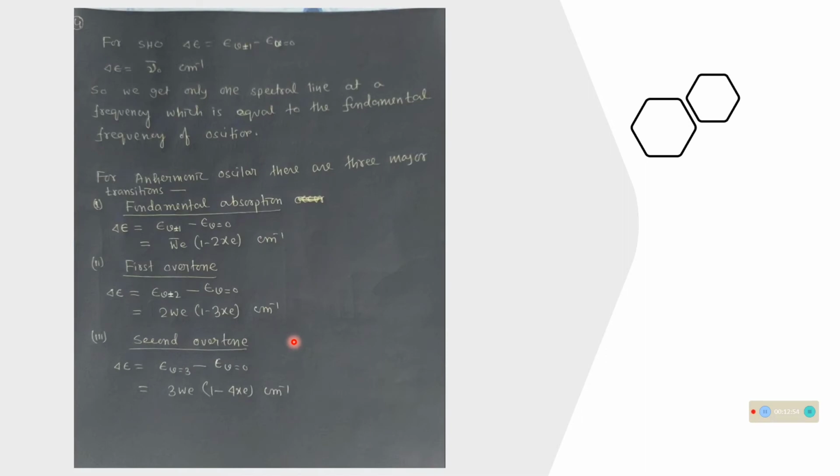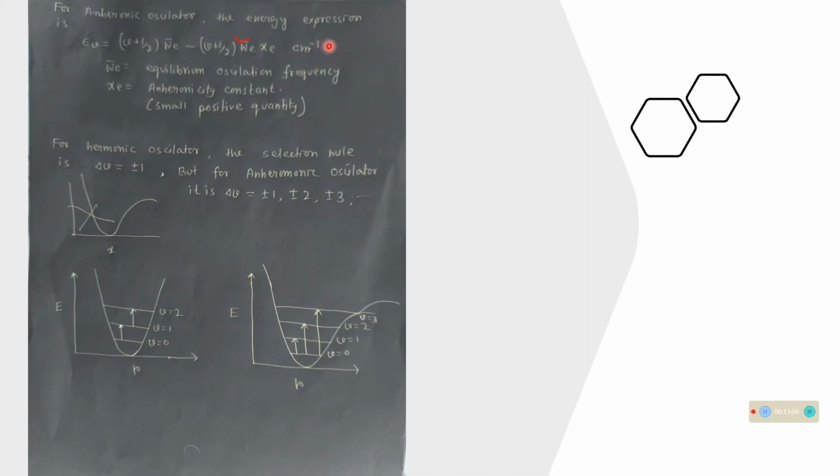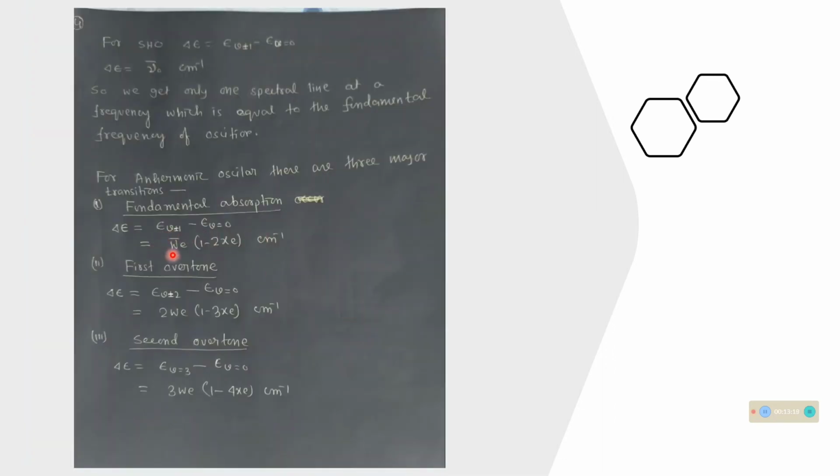If we calculate this value by putting V equal to 1 and then V equal to 0 in the energy expression, you will get omega bar e minus 2 xe omega bar e centimeter inverse, that is omega bar 1 minus 2xe.